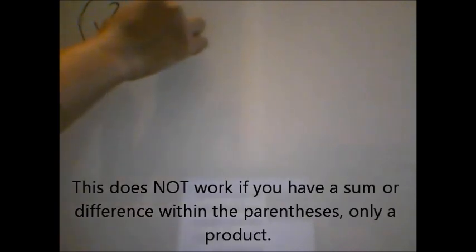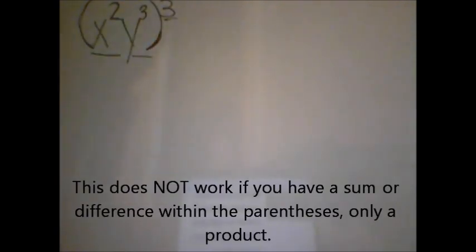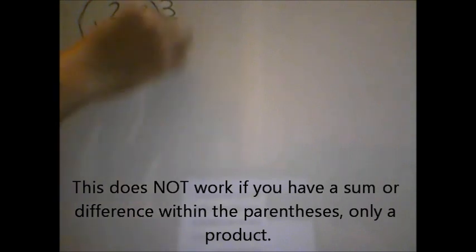What I placed on the board is our third and final multiplication example. It is more complicated because what you have is a product inside of the parentheses and you have an exponent on the parentheses. When this happens, all it's telling you to do is that the exponent applies to the entire product. What we're going to do is break it down so that it appears more simple.